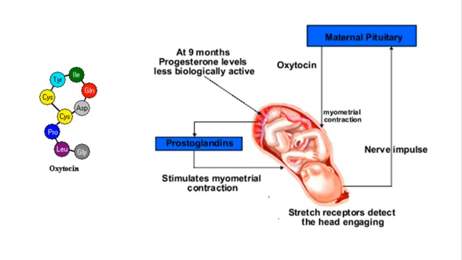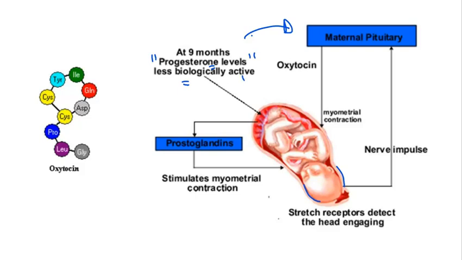So at the end of the third trimester, the progesterone production by the placenta begins to decline. At the same time, so we've got two inputs: the declining progesterone levels, and the child will engage in the lower part of the uterus head first, and this causes a stretching reflex in the lower uterus.